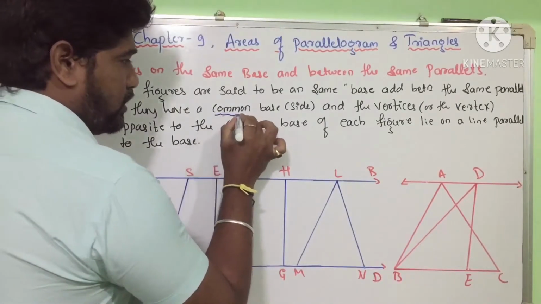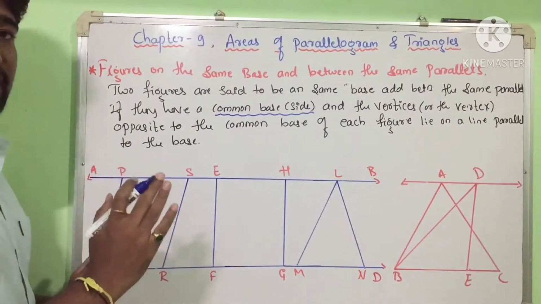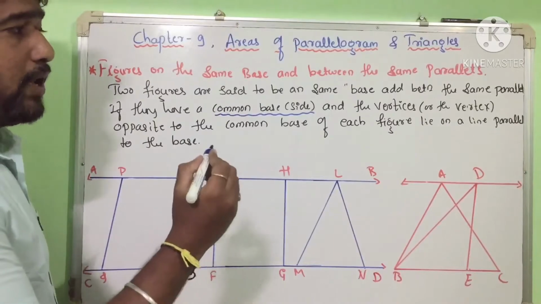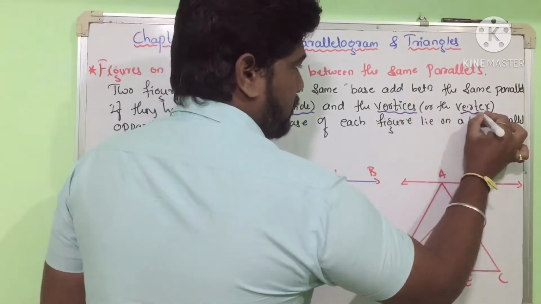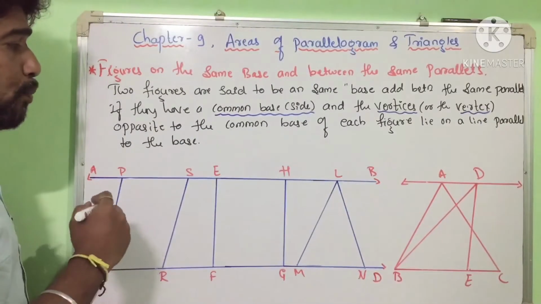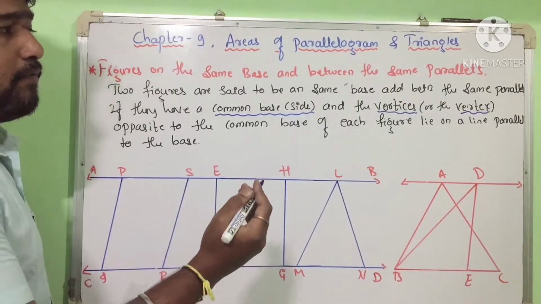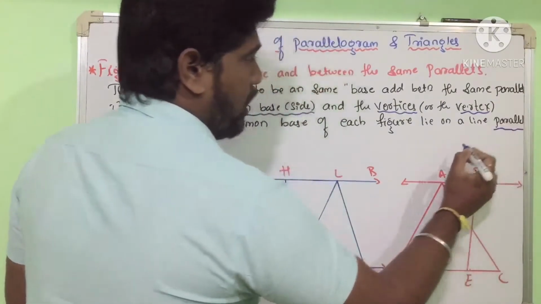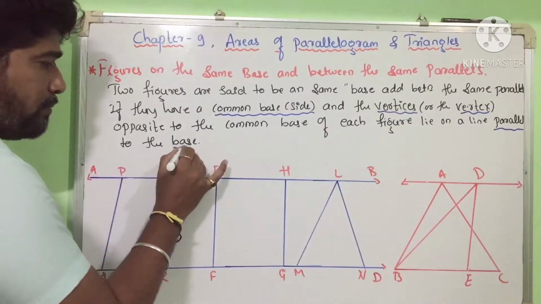See, this point is important: a common base or side, and the vertices opposite to the common base of each figure lie on a line parallel to the base.